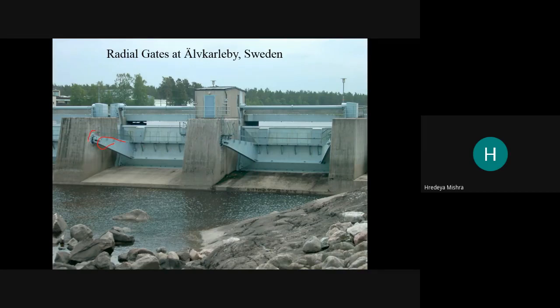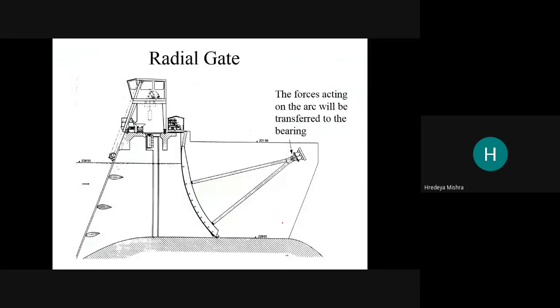The gate is operated from here to open or close it for the water supply. So water just flows through here. This is the example of a radial gate.